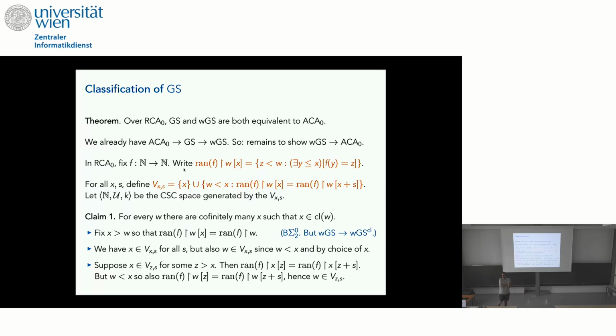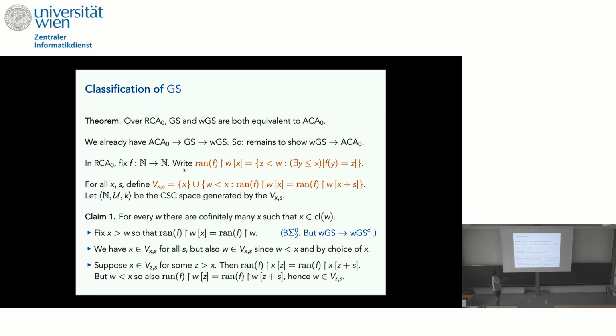So anything in the range has a witness for being in the range, and we're looking at all the things in the range that are less than W that have a witness smaller than or equal to x. Is that okay? If you're thinking computability theoretically, the range, of course, is a CE set. So really, we're thinking this is the set of elements less than W that have been enumerated by stage x.